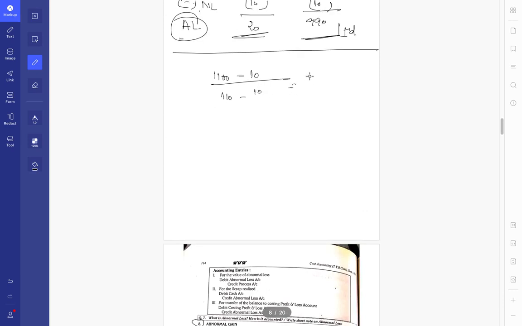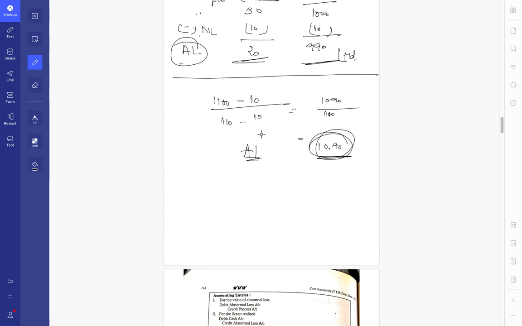So that would give us 1090 divided by 100, that is equal to 10.90. Therefore 10.90 is the rate at which we charge abnormal loss.